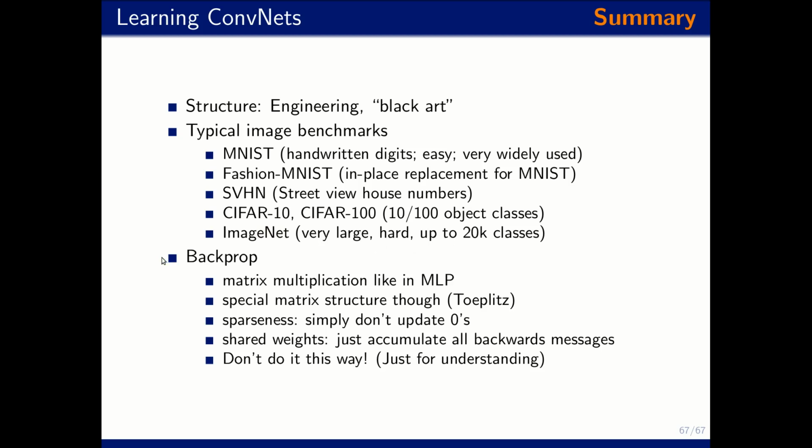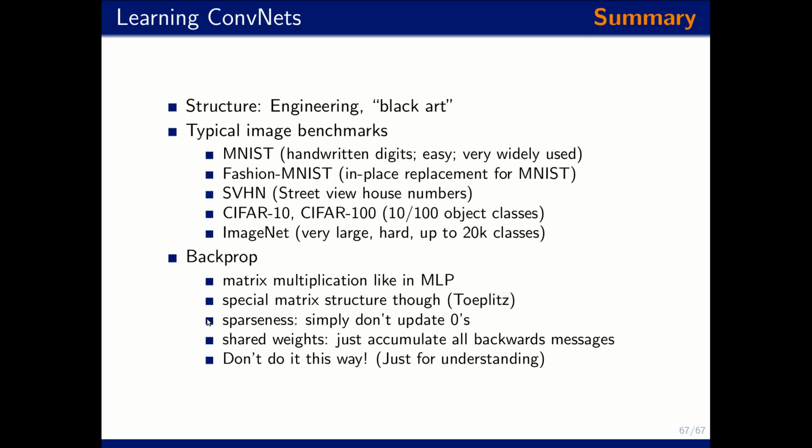And then we discussed backprop. In principle, you can reduce backprop in ConvNets, again, to a matrix multiplication like in the multilayer perceptron. However, for ConvNets, the matrix has a special structure, the so-called Toeplitz structure. This typically happens if you look at convolutions. You can always convert convolutions back to a matrix multiplication, and they always have some Toeplitz structure.